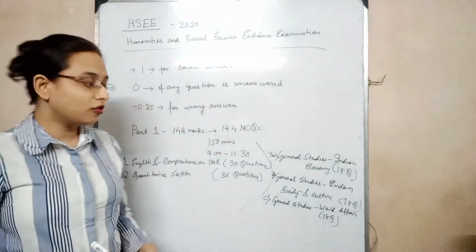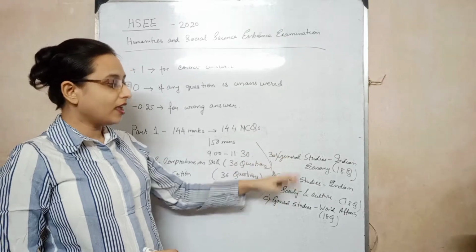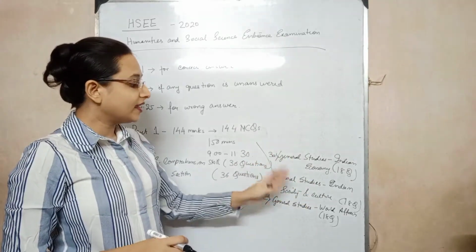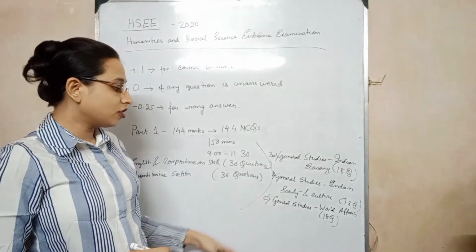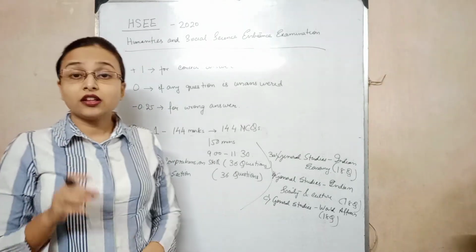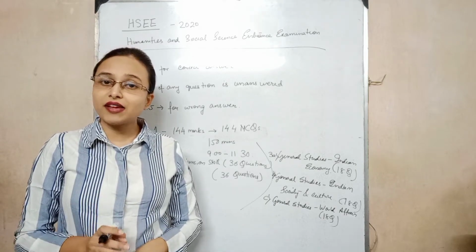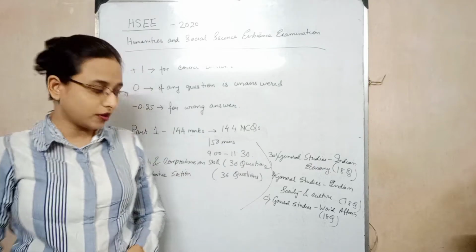Okay, so as of now we have 3 sections in general studies. A, Indian economy. B, Indian society and culture. C will be general studies relating to world affairs. The fourth section is general studies relating to environment and ecology.